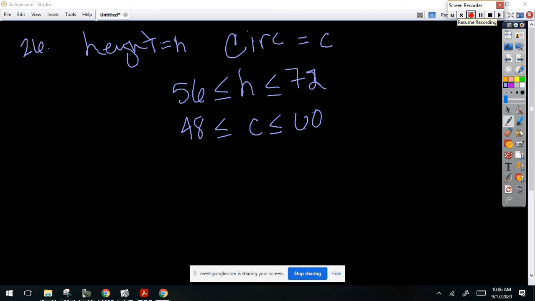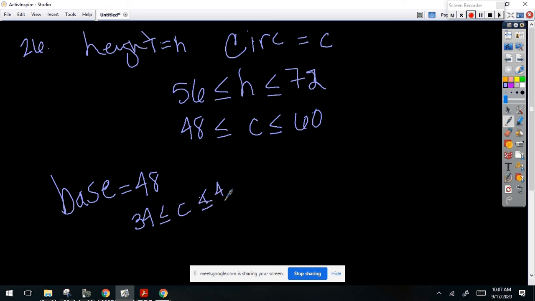This is really just, can you read a table, is all this question was. The base is 48. If you look, that means the circumference needs to be between 34 and 48. I'm writing, it's so slow. Does that make sense?